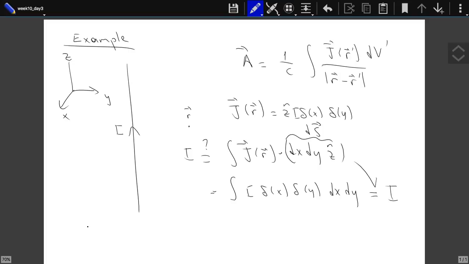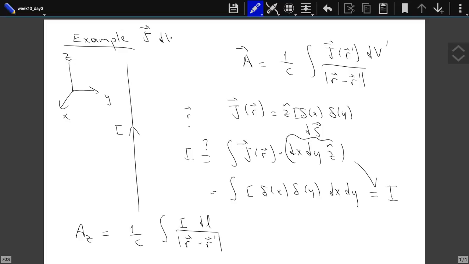Now let's substitute it in the expression for the vector potential. J only has the z component, so the vector potential only has the z component also. A_z is 1 over c. In fact, we can just use this identity, I dl divided by |r - r'|.